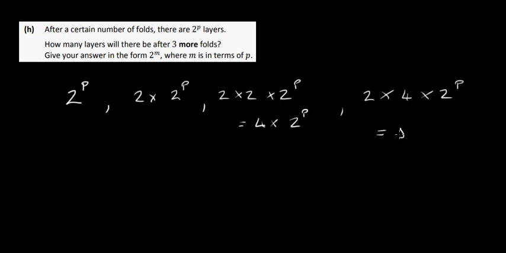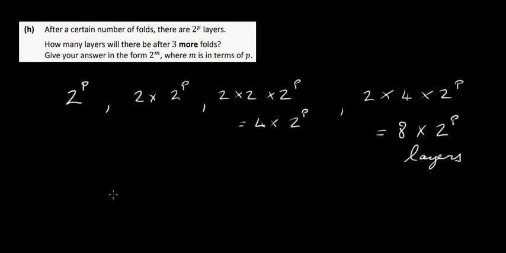If we fold again a second time, there will be twice this, so it will be 2 times 2 times 2 to the power of p. So that's just equal to 4 times 2 to the power of p. And if we fold again, we have to double this again, or just 8 times 2 to the power of p layers. So this is our answer here.